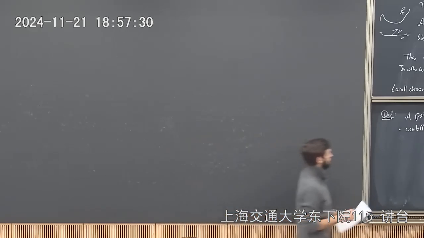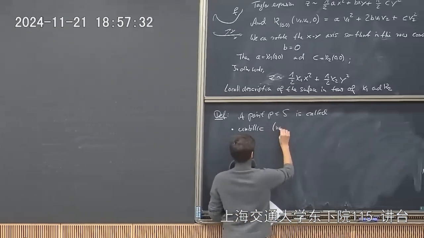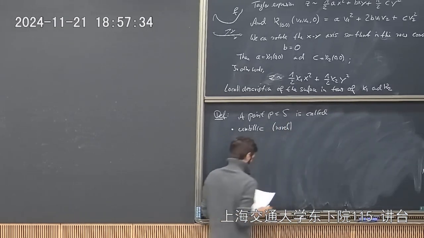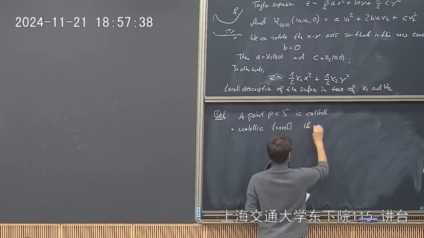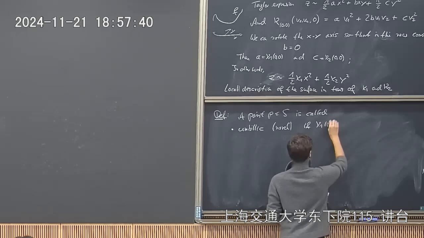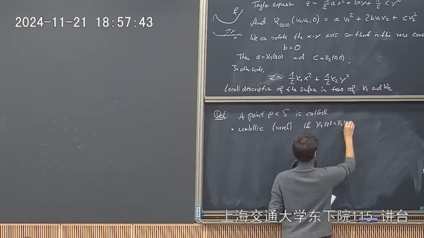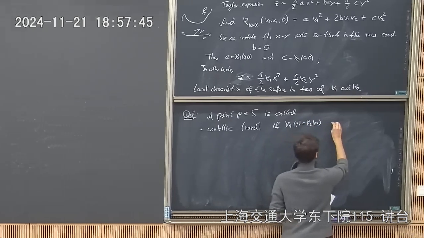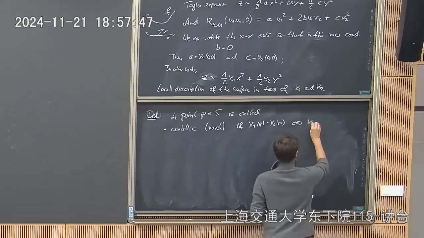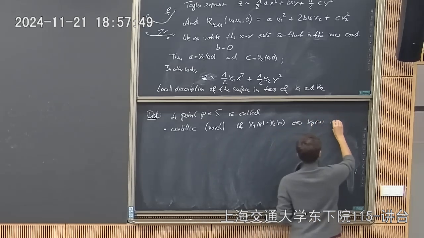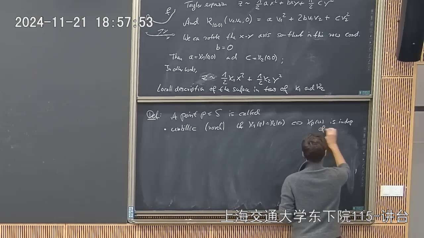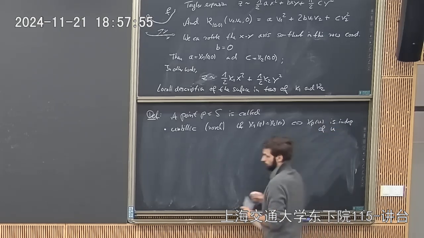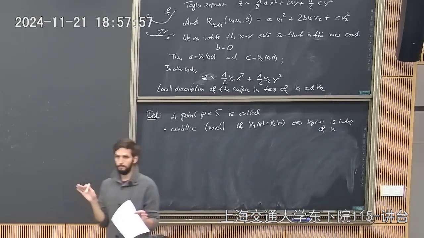So that's a point by definition where kappa 1 of P equals kappa 2 of P, which is equivalent to saying that kappa P of U is independent of U.